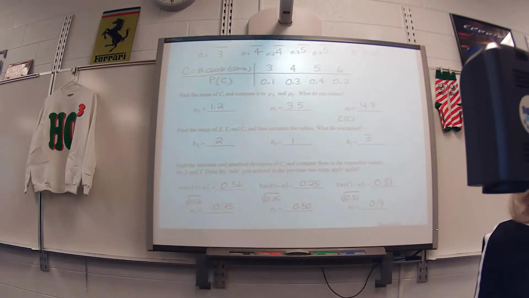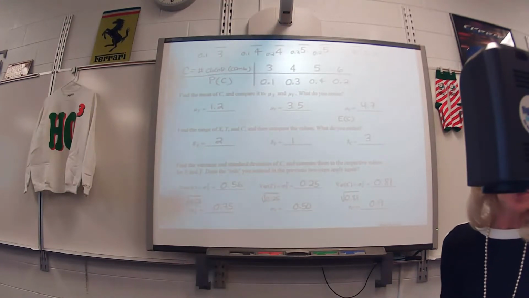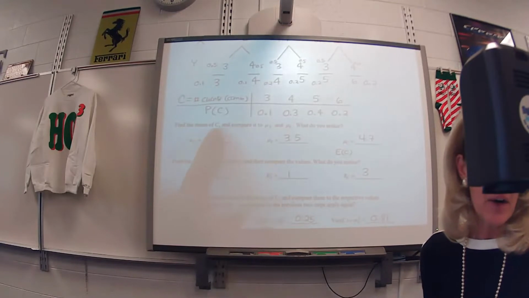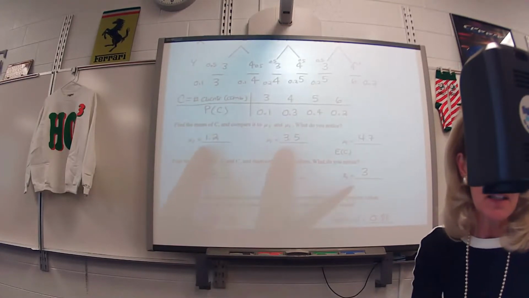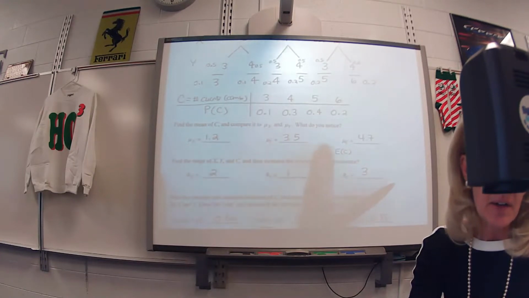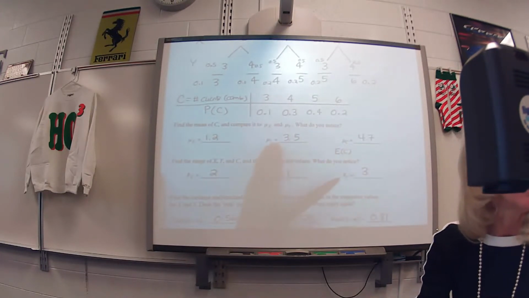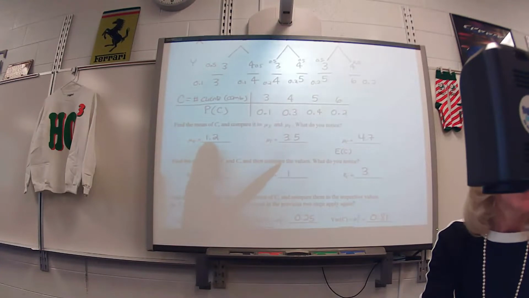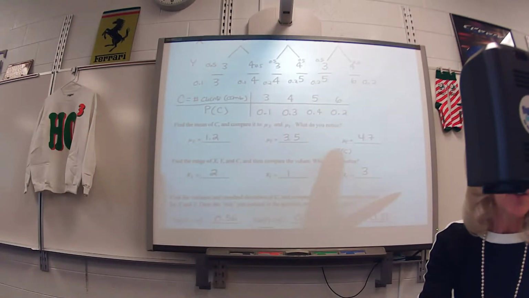What I want to do is use this example to concoct our rules for 6.2. And it says here, compare the mean of C to these mu's. Do you notice anything here that might be interesting? They really did add together.